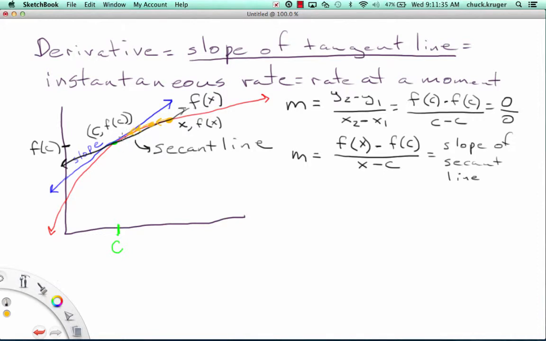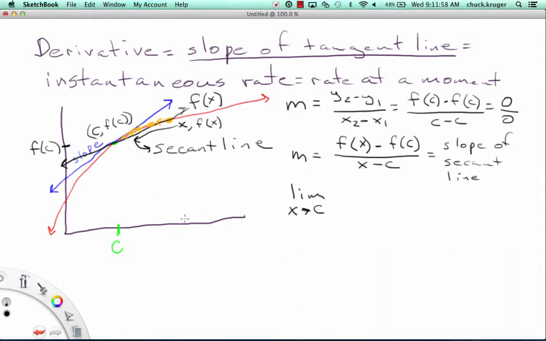So it's going to end up being very, very close. And so the way that I write that, again, this is the slope of the secant line, I'm going to take the limit as x approaches c, because my x values are moving in this direction.